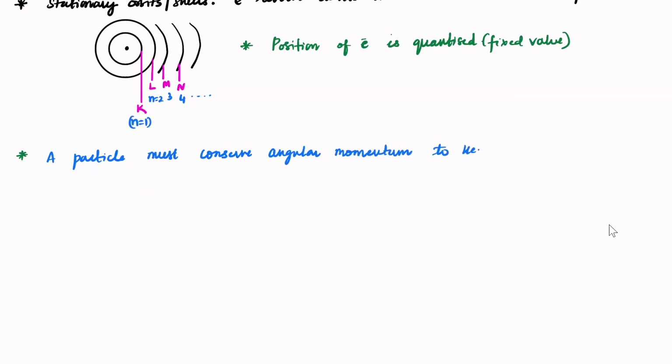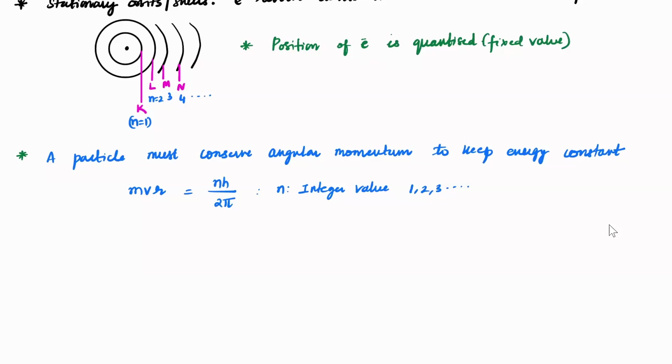According to Bohr's model, mvr, which is angular momentum, is a constant value of nh by 2 pi, where n is a simple integer value starting from 1, 2, 3, and so on. Here mvr is nothing but the angular momentum, how much momentum it is carrying when it is moving in a circular motion.